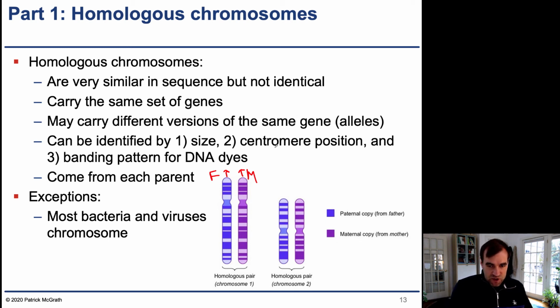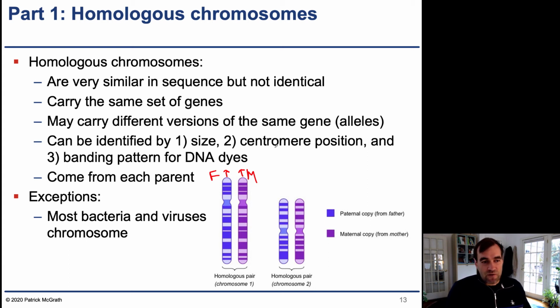These chromosomes are very similar to each other, so they carry the same set of genes. If you have the myoglobin gene on chromosome 1, you would receive a copy from your father and a copy from your mother. However, there could be slight variations within the gene, and these are called alleles.